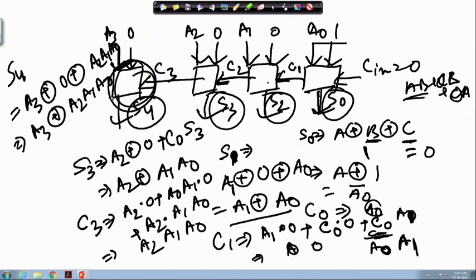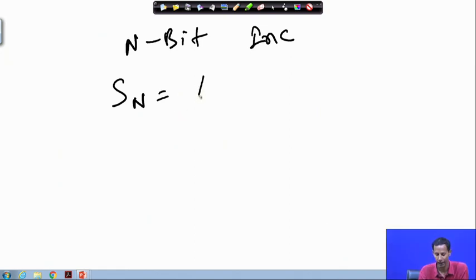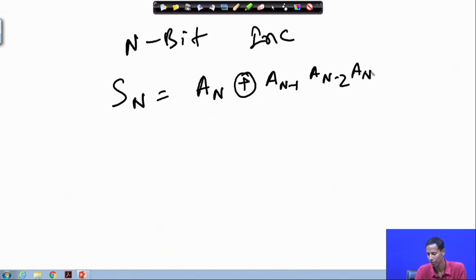So, instead of 4 bit, if I want to make it generic for n bit incrementer, what will be the expression for sum? The sum expression will be An XOR with An minus 1, An minus 2, An minus 3, dot dot dot up to A0.